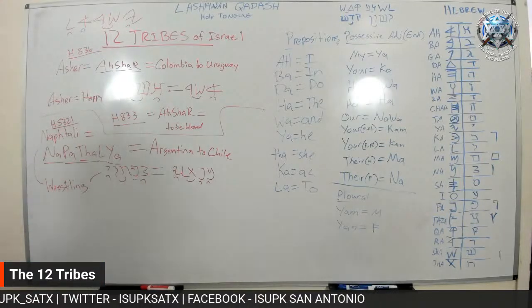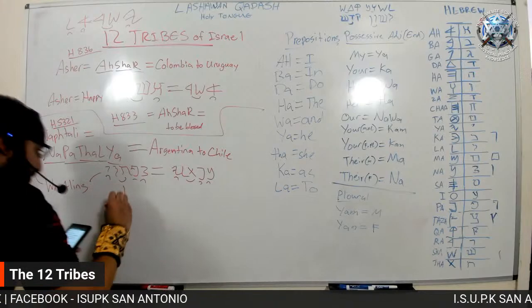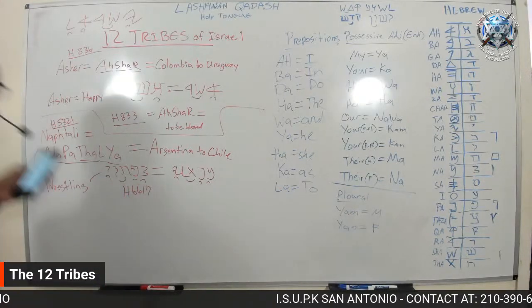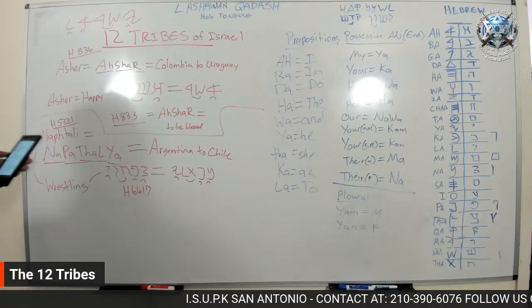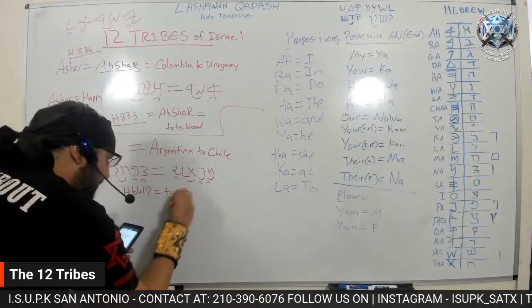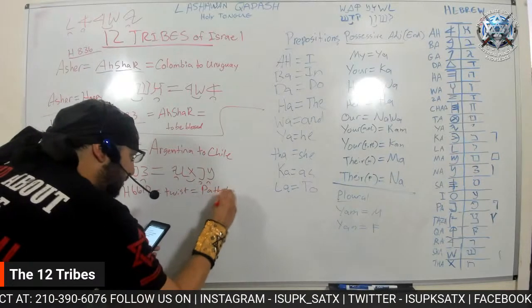So you had from Argentina to Chile. It comes from the Strong's definition H6617, which means to twist. Pathal, twist.